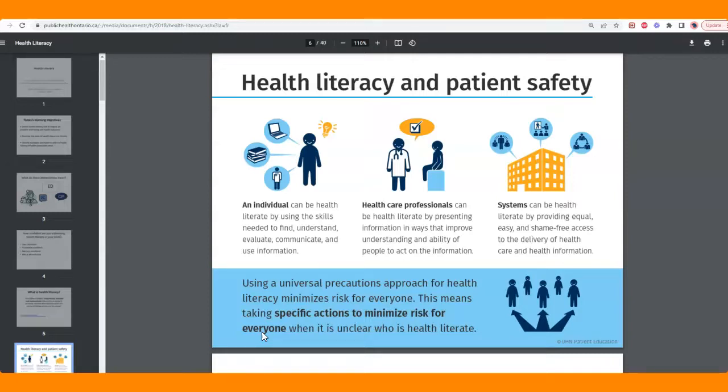And if I say yes or no, they can provide further information verbally as well. And then the last one, safety, relates to the system. So can health literacy be improved by providing equal access, easy access, and shame-free access to delivery of the information to patients, for example, at the hospital?